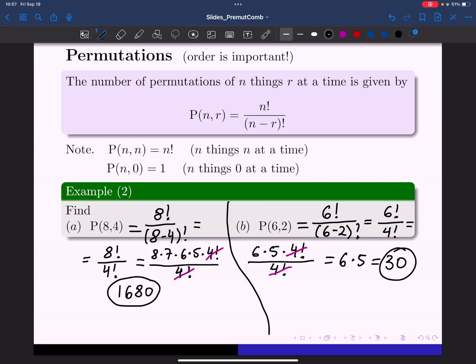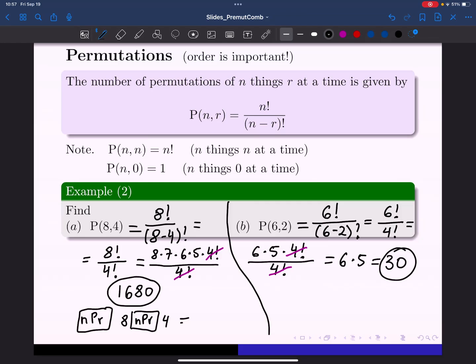Now, you should be able to type this on your calculator. Very likely you have a second function choice. Some calculators have an nPr button. In that case, you would type 8, press that nPr button, and then type 4.